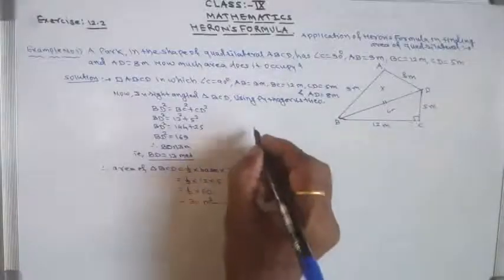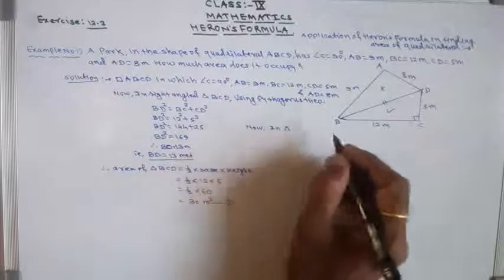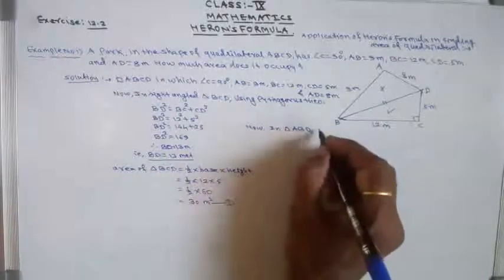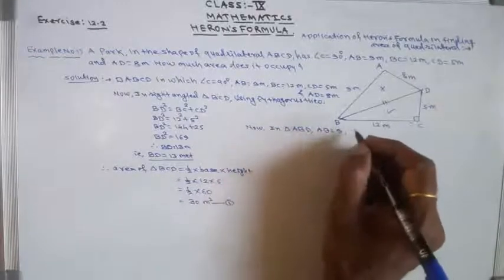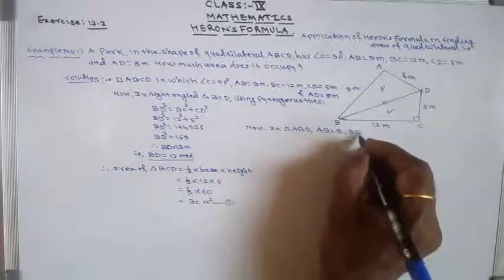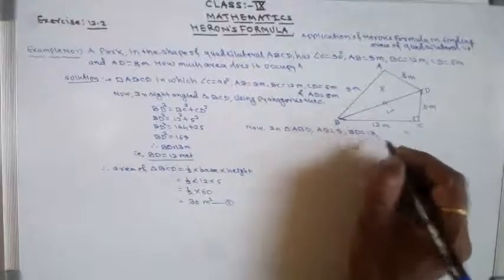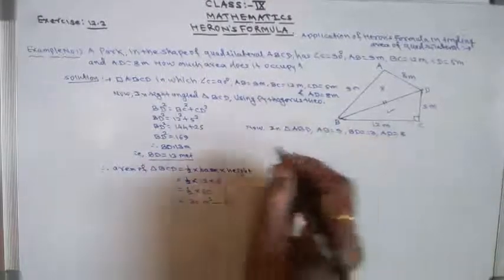Now in triangle ABD, AB equals 9, BD equals 13, which we just found, and AD equals 8.